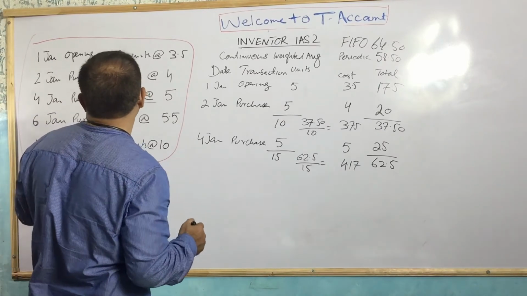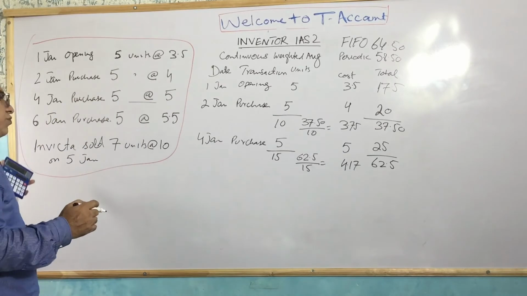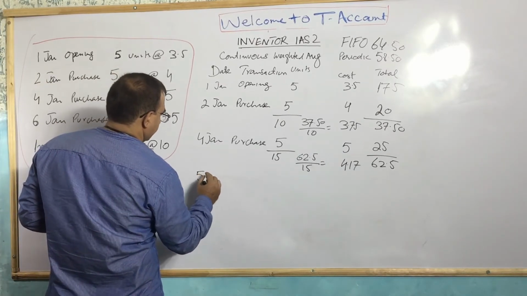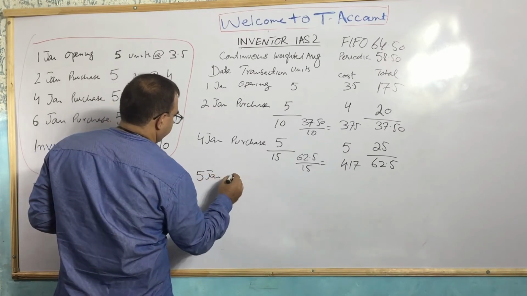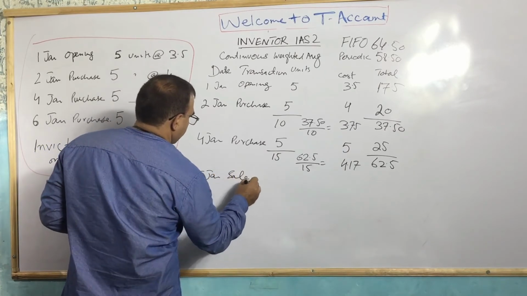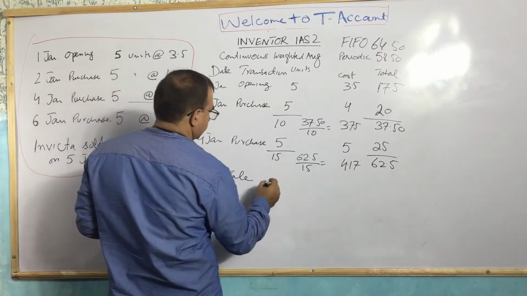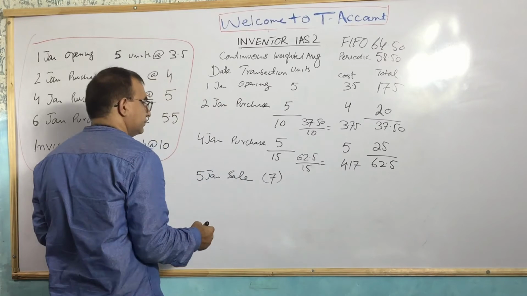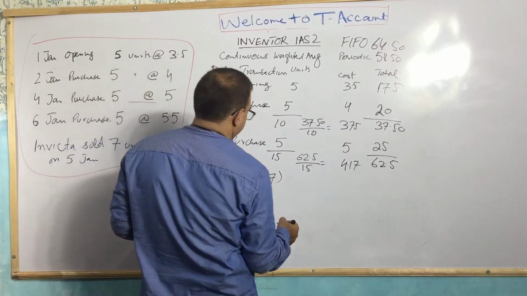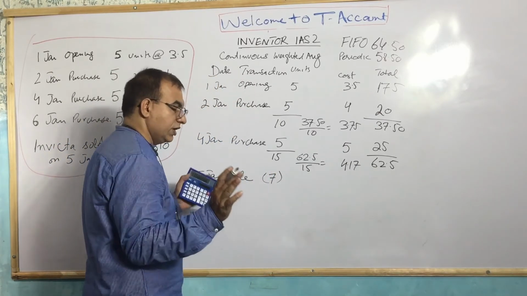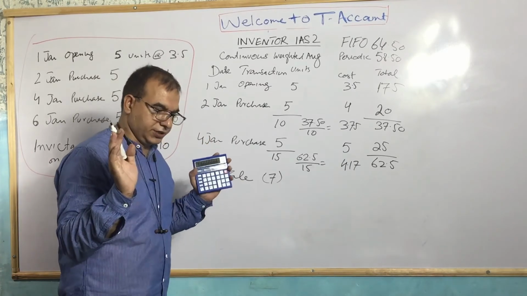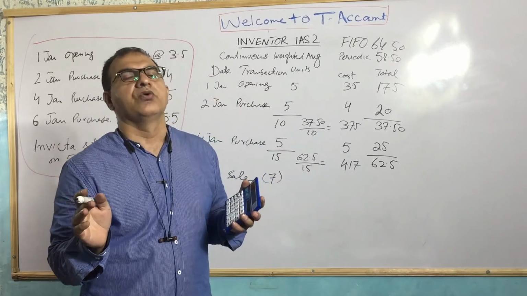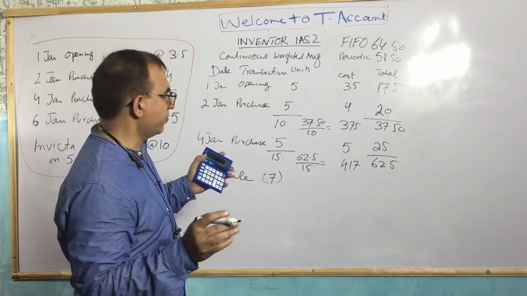Now on 5th January there is no purchase, but there is a sale. 5th January sale. How many units? 7 units. We need to update the quantity as well. So 7 units. When we are calculating the cost valuation of stock, we are not concerned with the selling price.